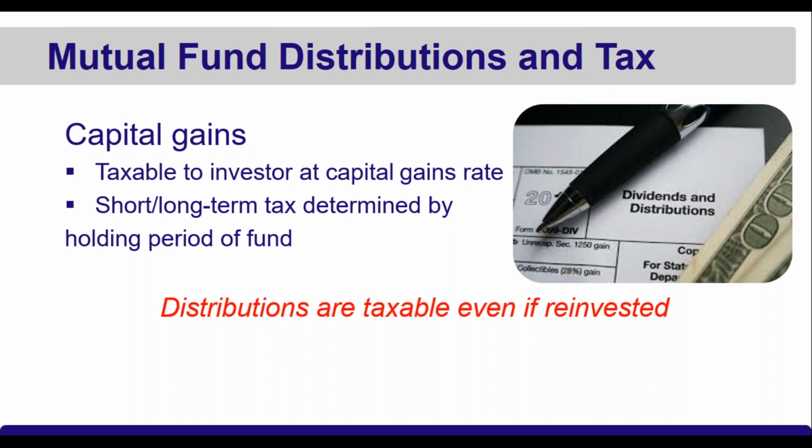So capital gains and dividend income are distributed by the fund on a 1099-DIV, and you as the individual report those on your tax return. Again, regardless of whether you're reinvesting them automatically or not, it doesn't matter. You have to report dividends and capital gains on your tax return.